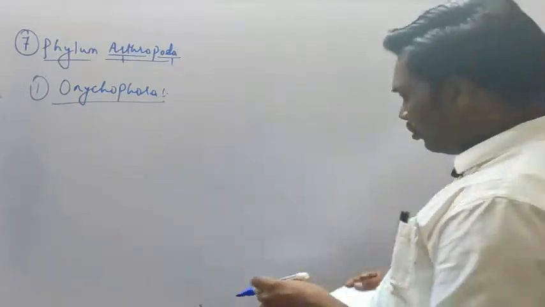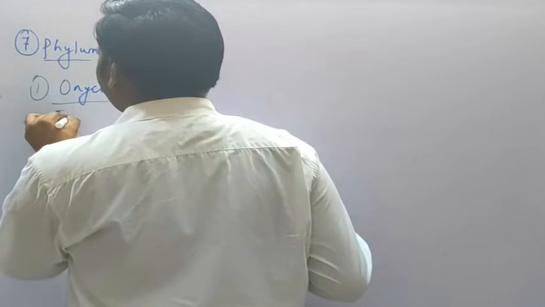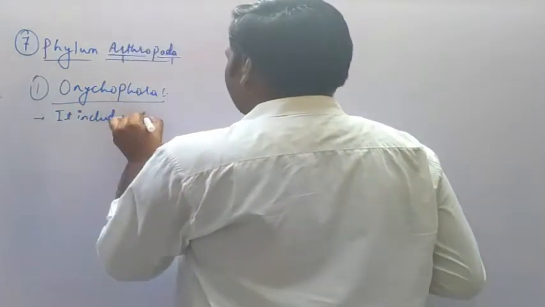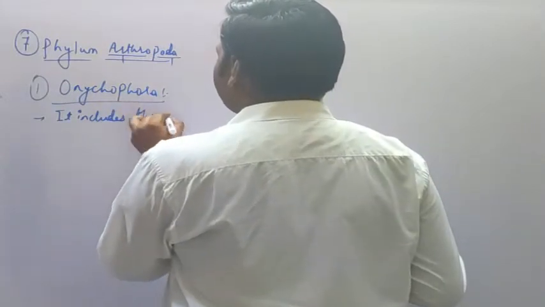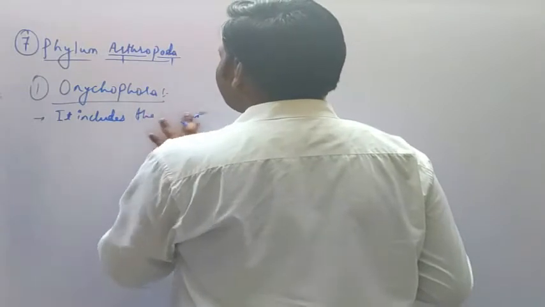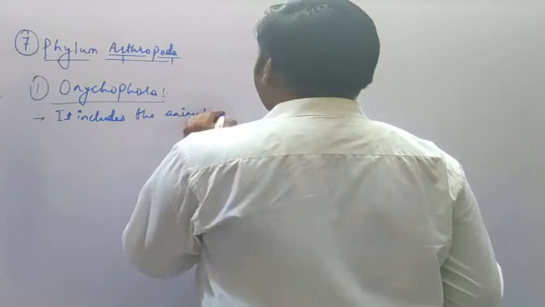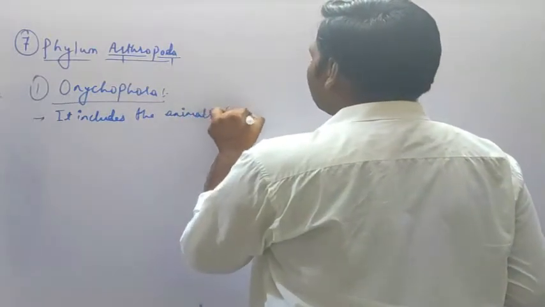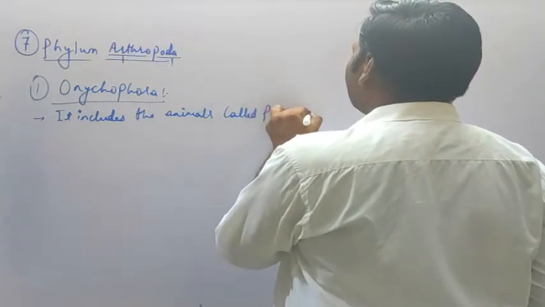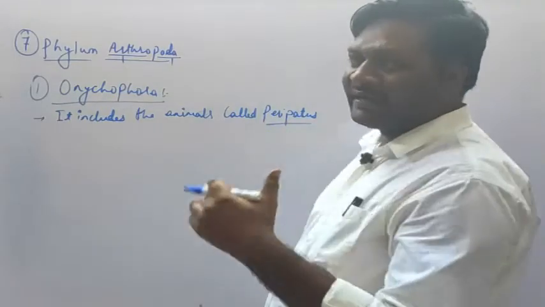This class includes animals, we will call them animals instead of insects, called peripatus.